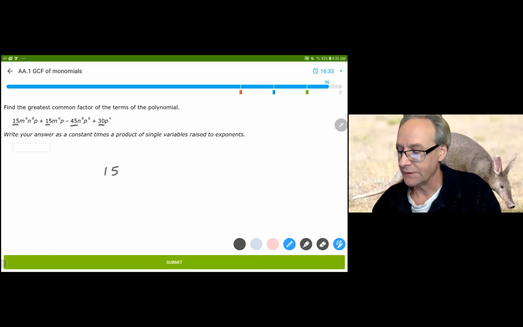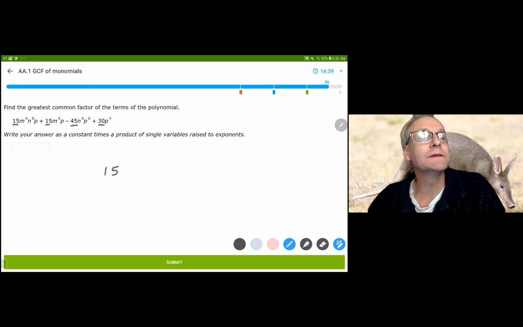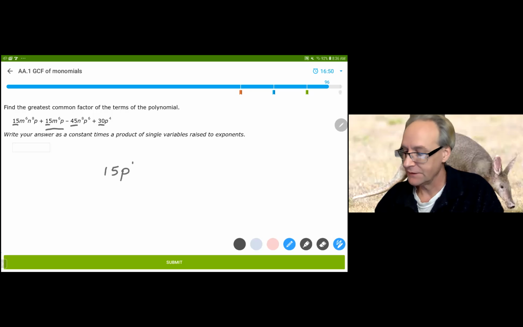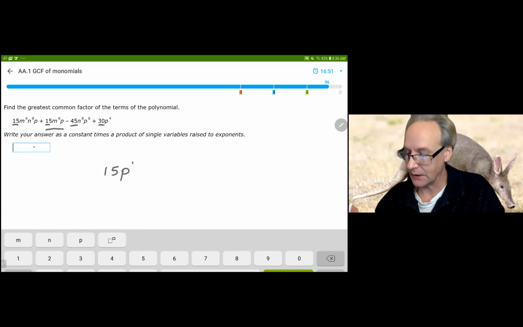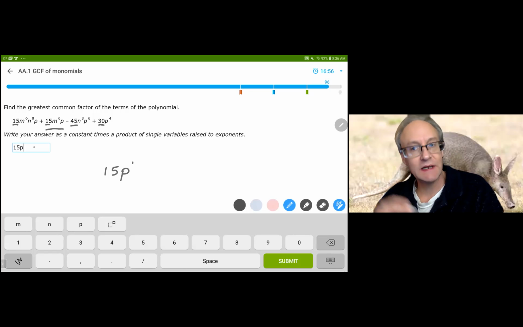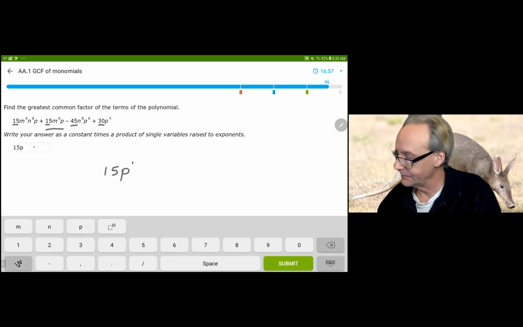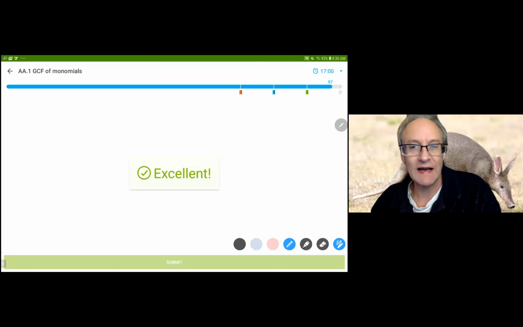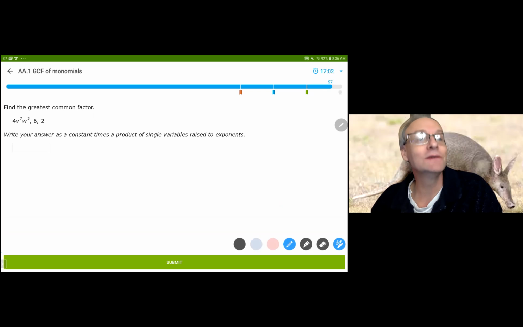N's, there is no N in the second term, so there's no N's. There is a P in every term, and there's only one P in this second term, and that is the smallest exponent on the P's. So 15P is my common factor, and that needs to be taken out of all the terms if I were factoring, which we are going to do soon.